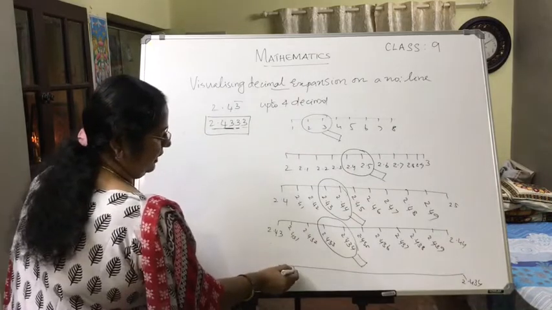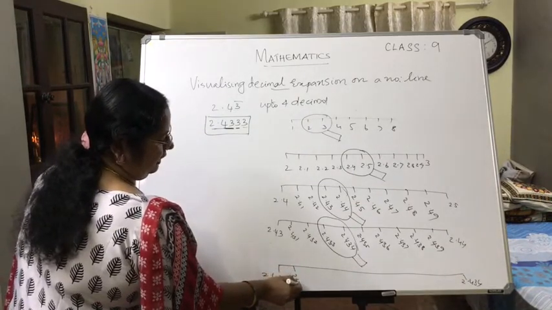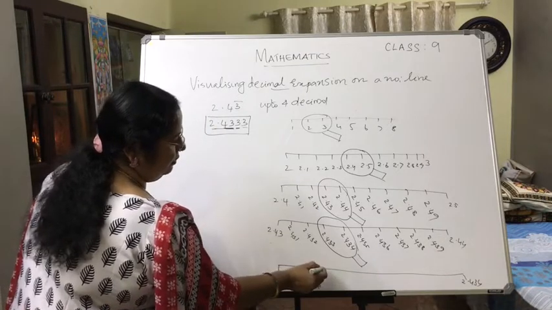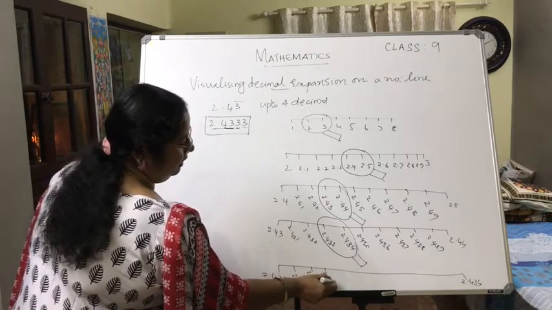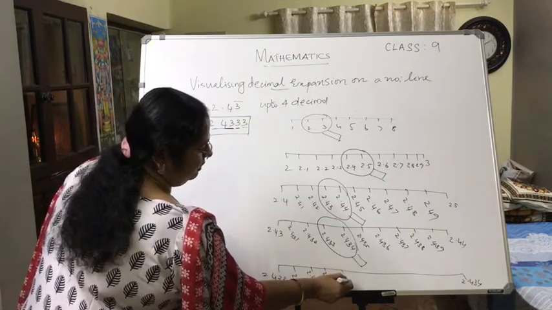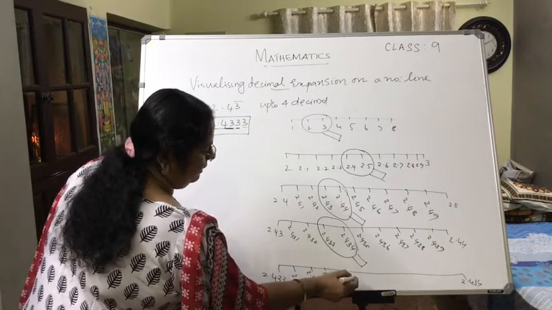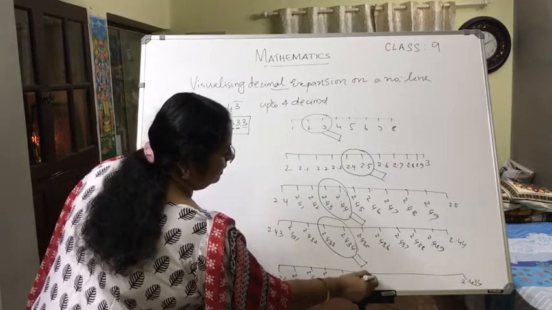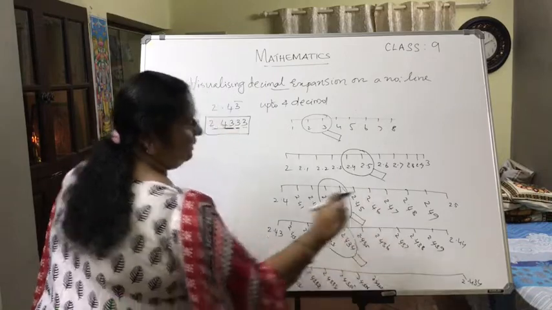So here what you are having? 2.4331, 2.4332, 2.4334, 2.4335, 2.4336, 2.4337, and it goes on like that.